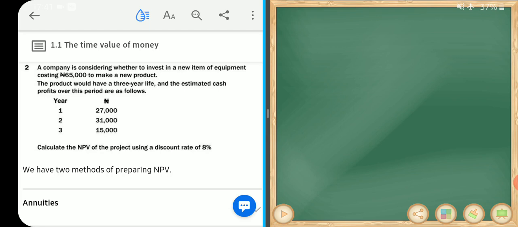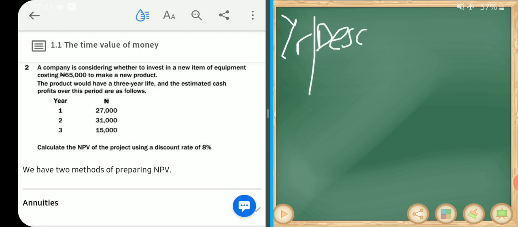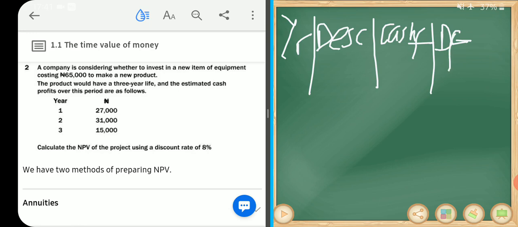If you are arranging it horizontally, you have your year, you have your description, you have your cash flow, you have your DCF, that's discounted value, and you have your present value. This is the arrangement if you are arranging it horizontally.